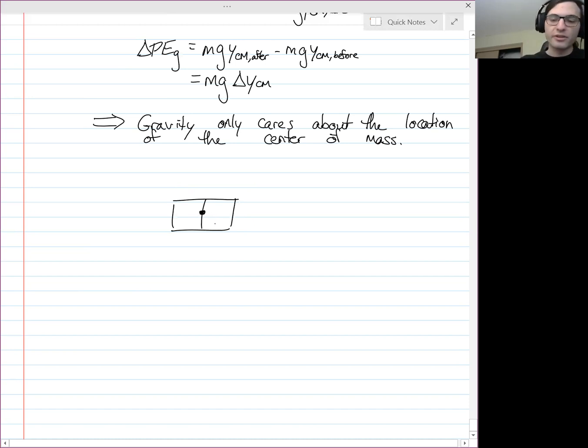Well, we'll have a force downwards from this one and a force downwards from this one. So what is the total torque of this system? Well, it would be this distance, or rather the horizontal distance, because that's the moment arm, times the length of the force. So let's call this distance s over 2, the side length.